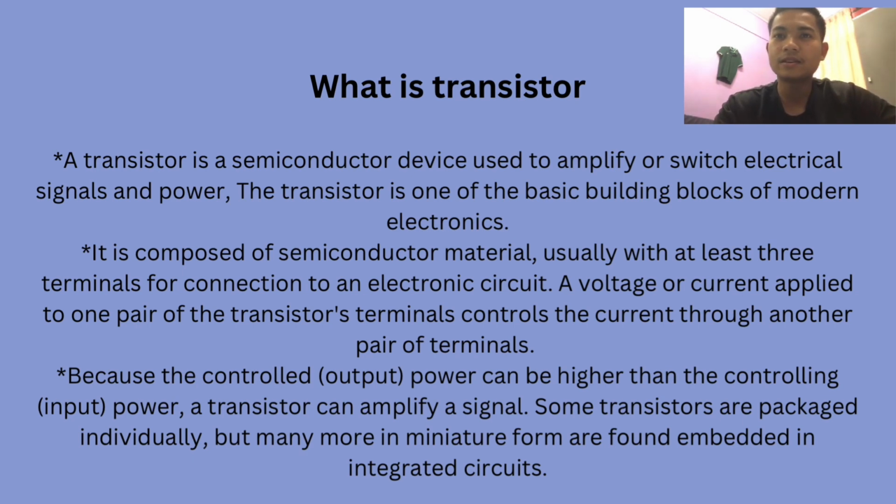A voltage or current applied to one pair of the transistor terminals controls the current through another pair of terminals. Because the controlled output power can be higher than the controlling input power, a transistor can amplify a signal.